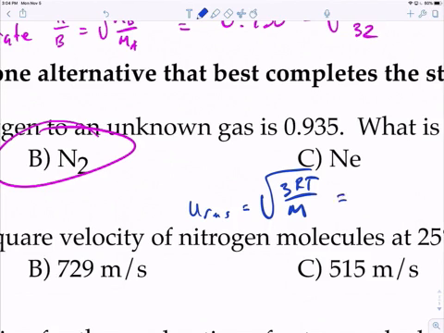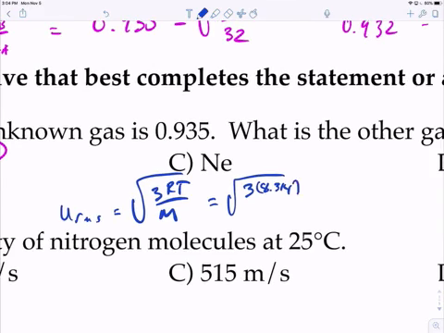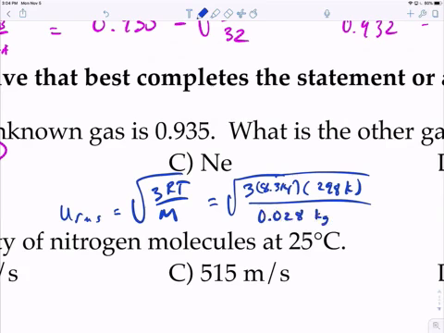So you have to put in 3 times 8.314 times 298 Kelvin for the temperature, all over 0.028 kilograms.